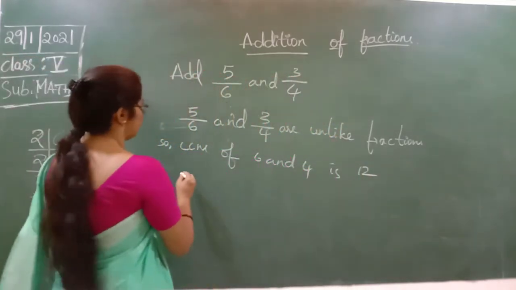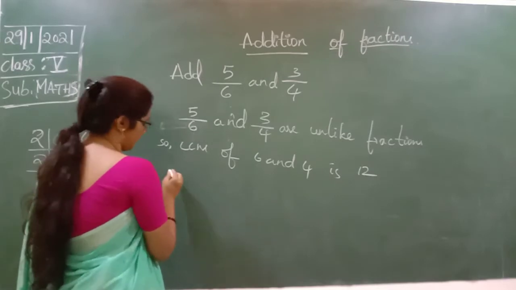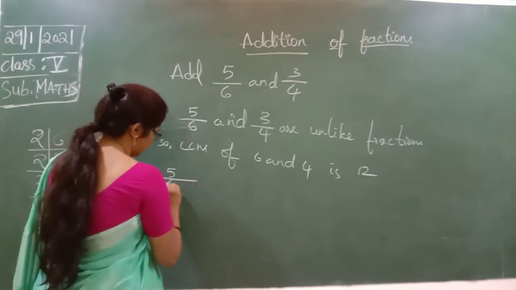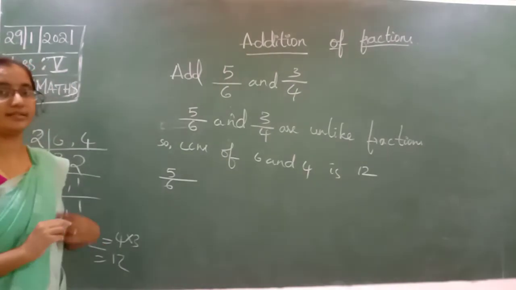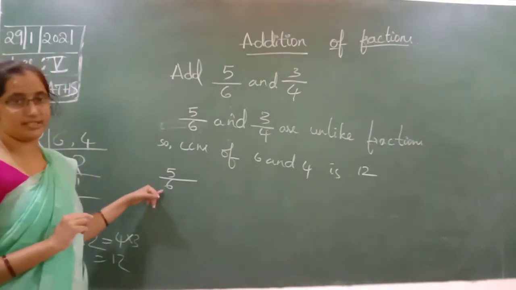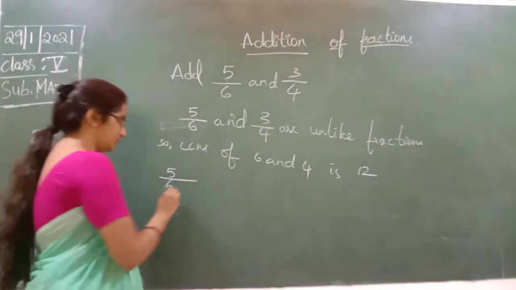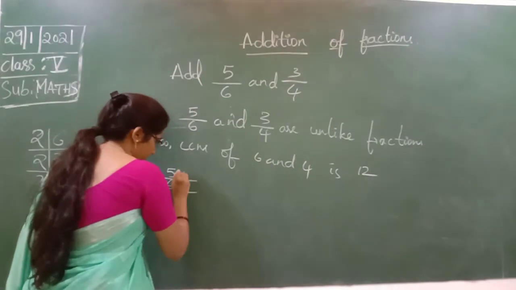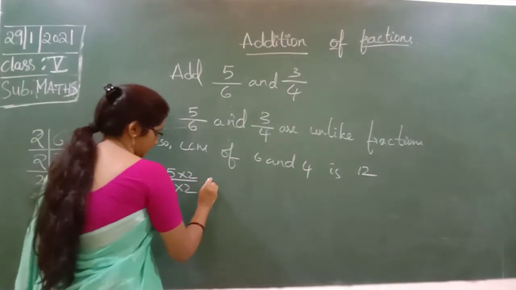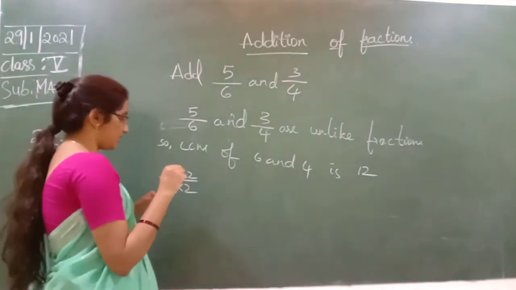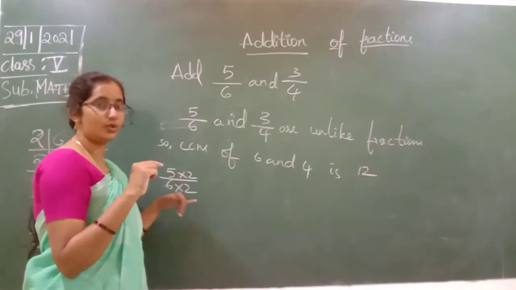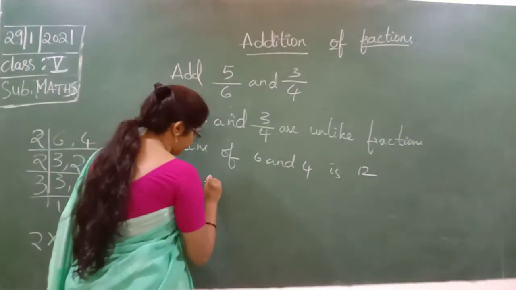Now convert them. For 5 by 6, 12 is a multiple of 6 when it is multiplied with 2.